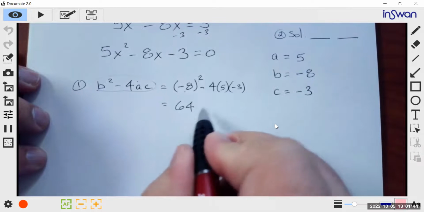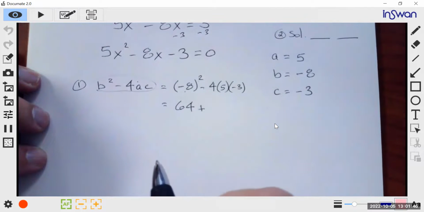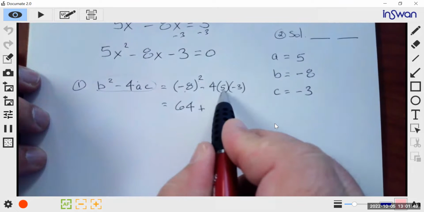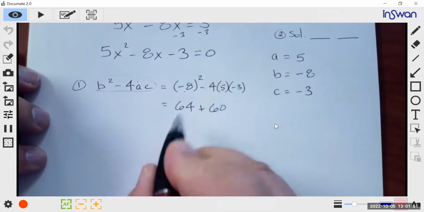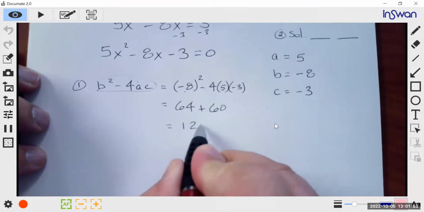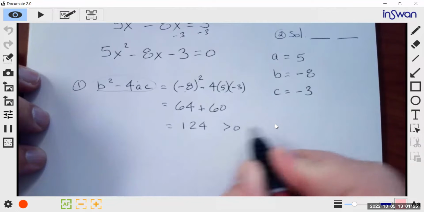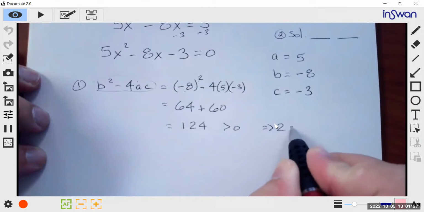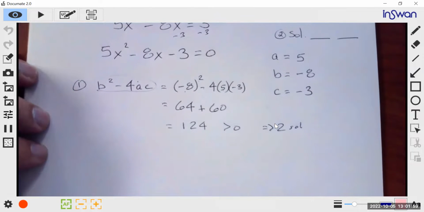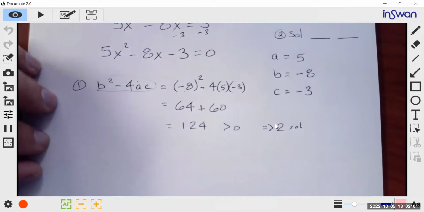Positive and negative makes it a positive. 5 times 4 is 20, times 3 is 60. Greater than 0. So 2 solutions. Yes. Now we have to figure out what they are.